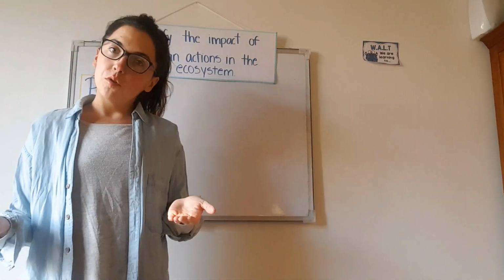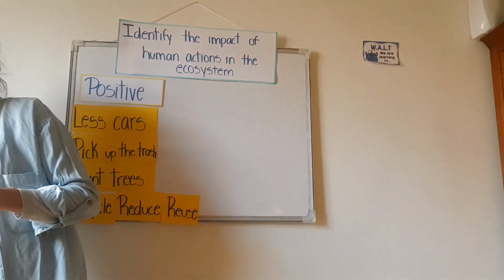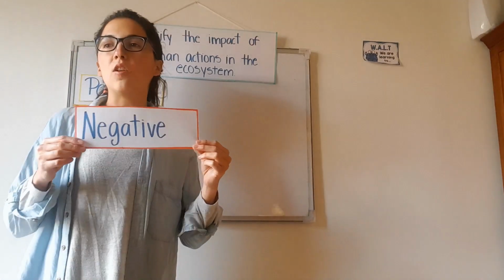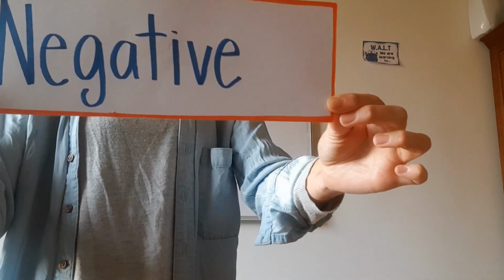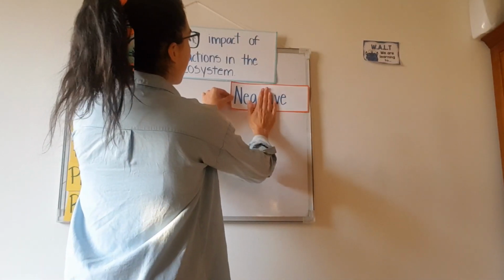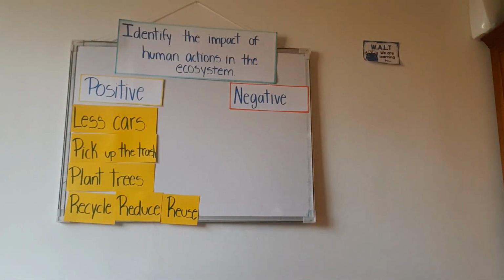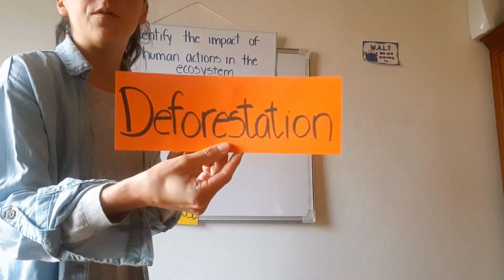But unfortunately, on the other hand, it is very important to know that our actions can also have a negative impact on our ecosystem. We're going to place them here in orange. One of these negative impacts can be deforestation.